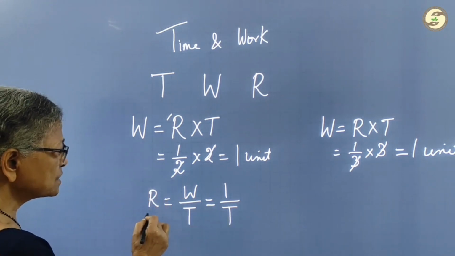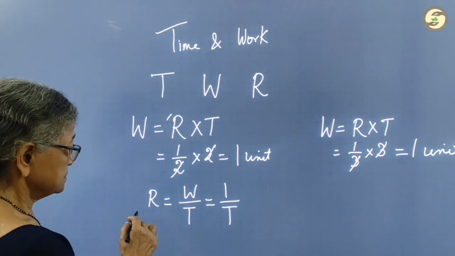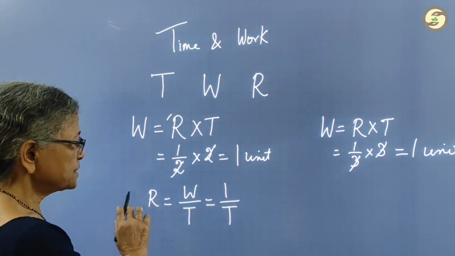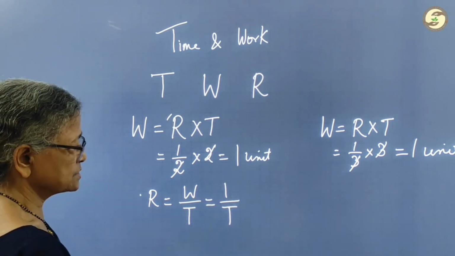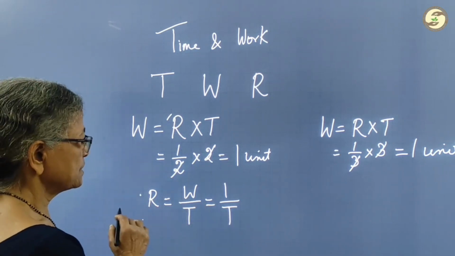The faster the rate of work, the less time required, and the slower the rate of work, the more time required. So it is inversely related. If efficiency increases, time decreases. If efficiency decreases, the time will increase.